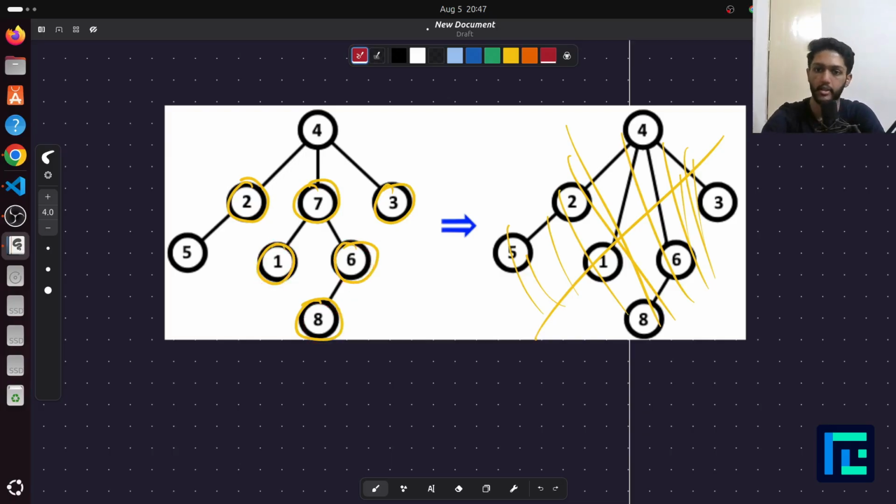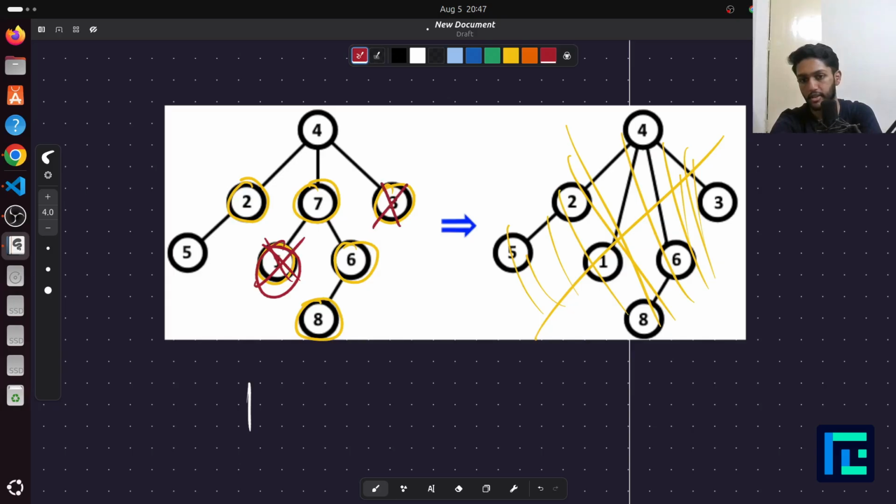So here the answer would be: first we delete this 1, and the tree would look like this. So 1 gets added to the answer. Then we cannot delete this 2, but we can delete this 3.